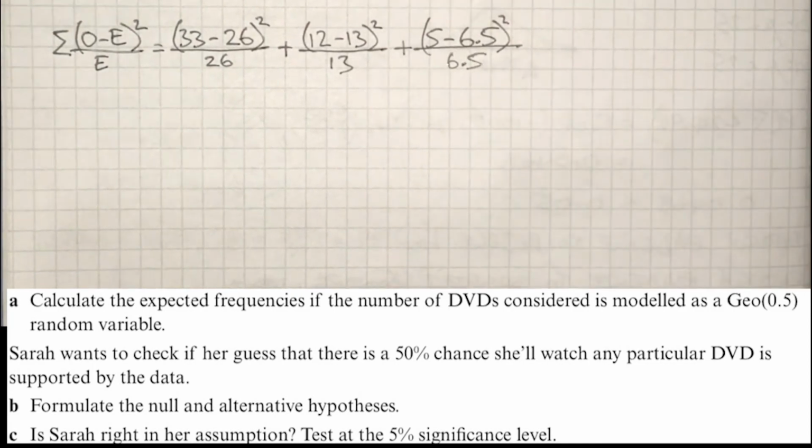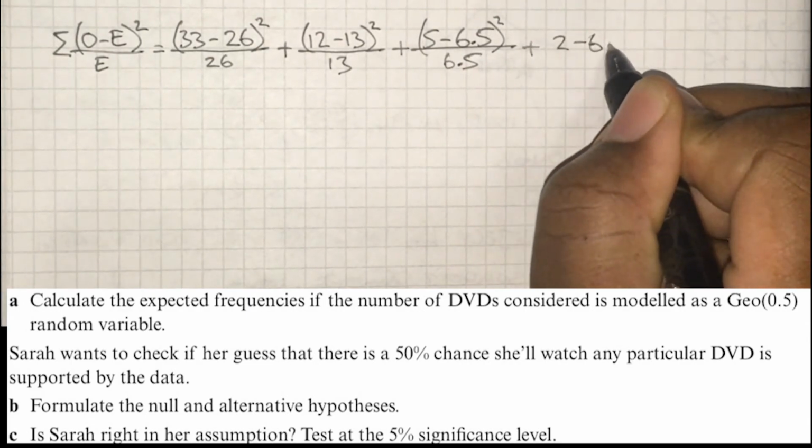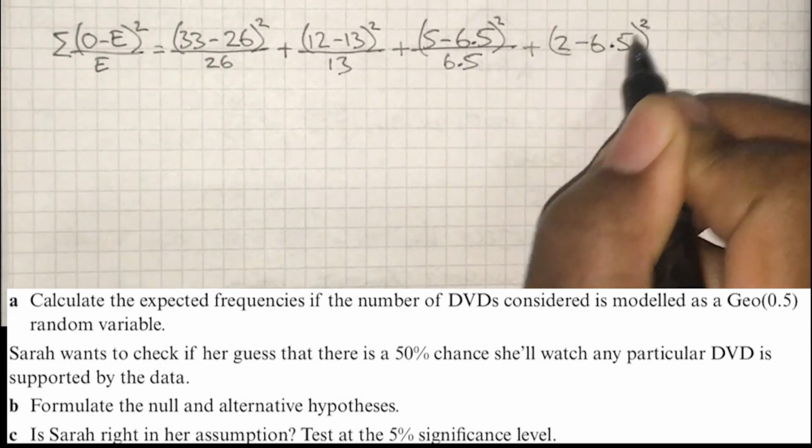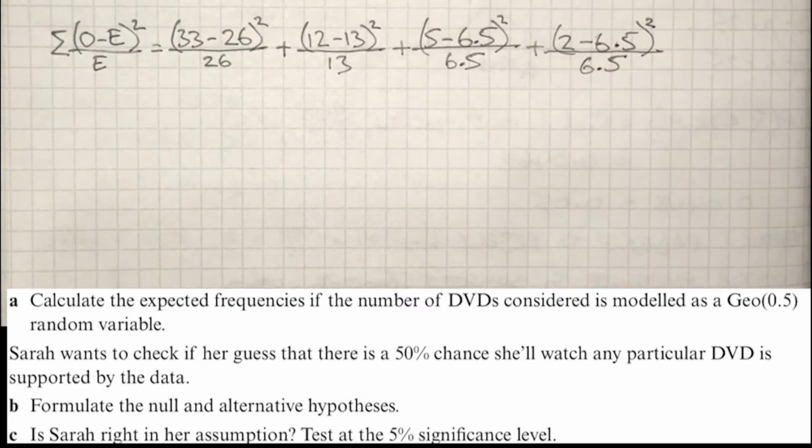33 minus 26 squared over 26, 12 minus 13 squared over 13, 5 minus 6.5 squared over 6.5, and finally 2 minus 6.5 squared over 6.5. So I always like to write this out. There are marks for this in the exam, rather than trying to do it just into your calculator, whether or not your calculator has a specific functionality to get you this value all at once.